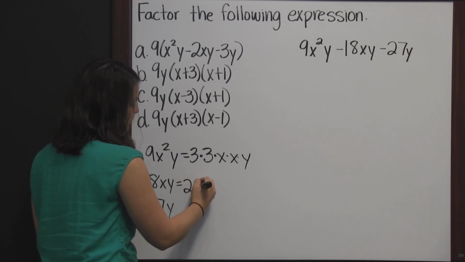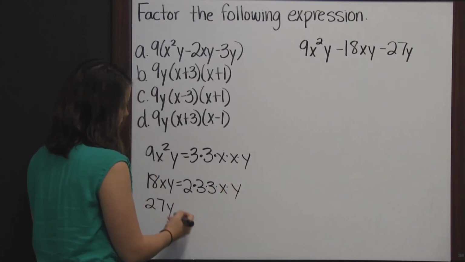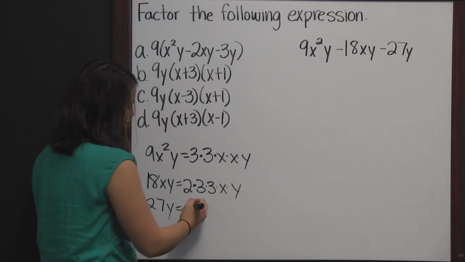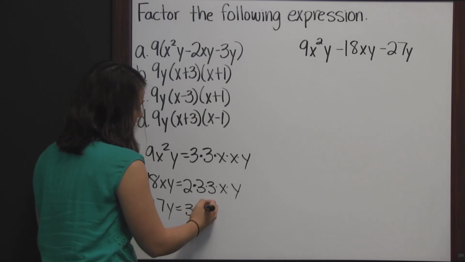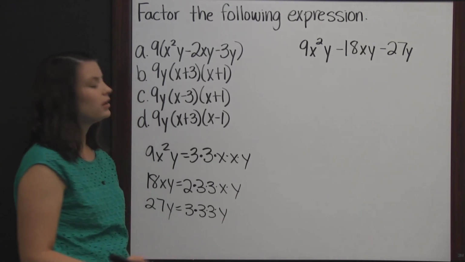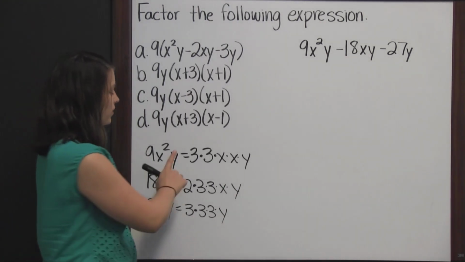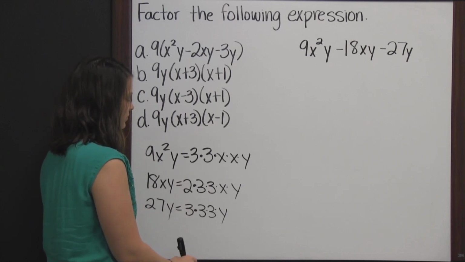18 is 2 times 9, and 9 is 3 times 3, times x times y. 27 is 3 times 9, and 9 is 3 times 3, times y. Now to find the GCF, we look for what all three of our terms have in common.